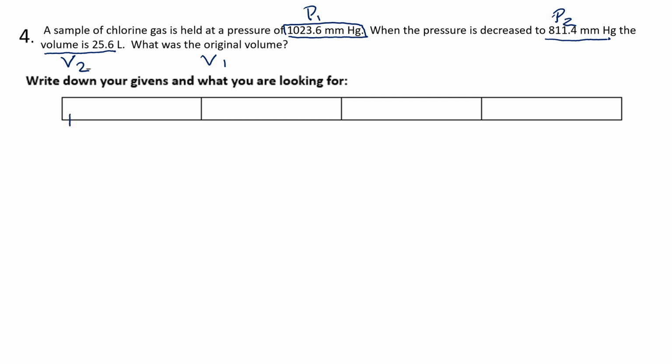So our P1 was 1,023.6. Our V1 is our unknown. Our P2 is 811.4 millimeters of mercury.